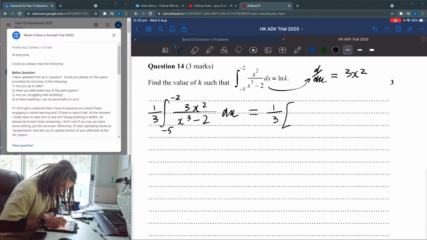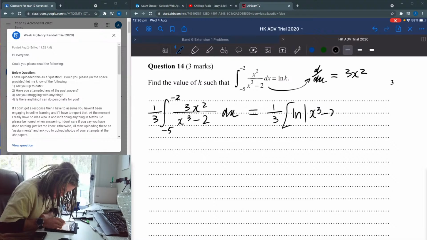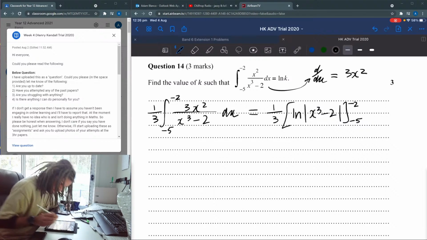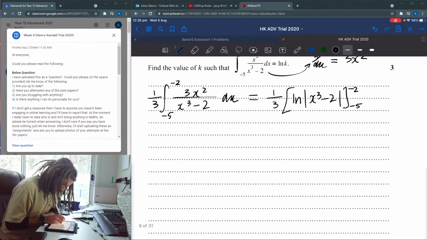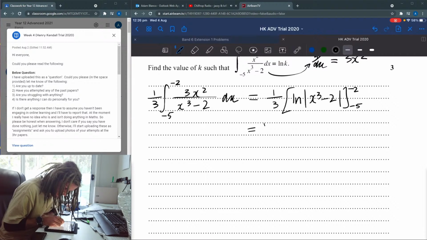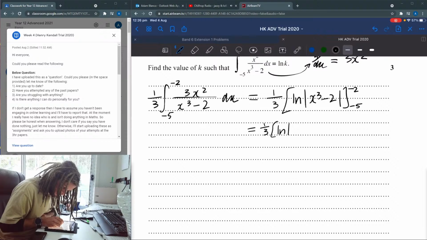Derivative over original, so that means ln, absolute value, the original, between -5 and -2. What a gross question. Okay, that's equal to 1/3 outside of ln of minus 2 cubed, that's going to be -8. Is that right?